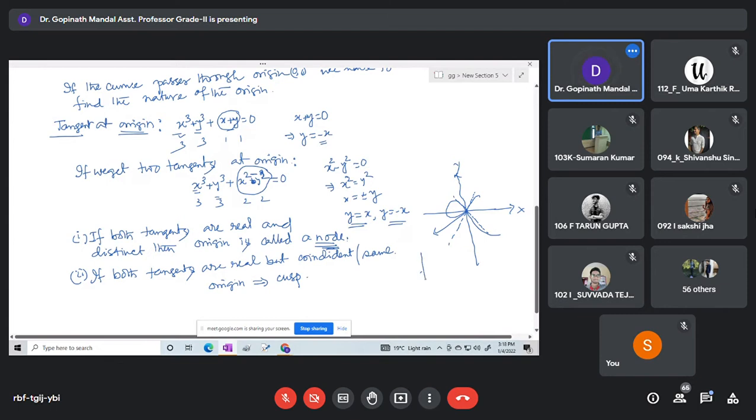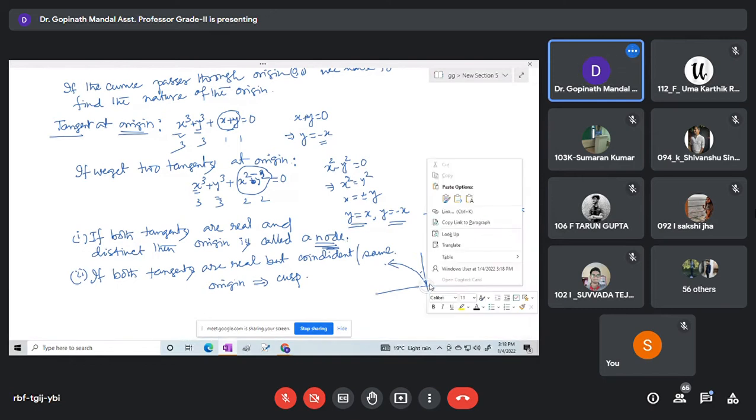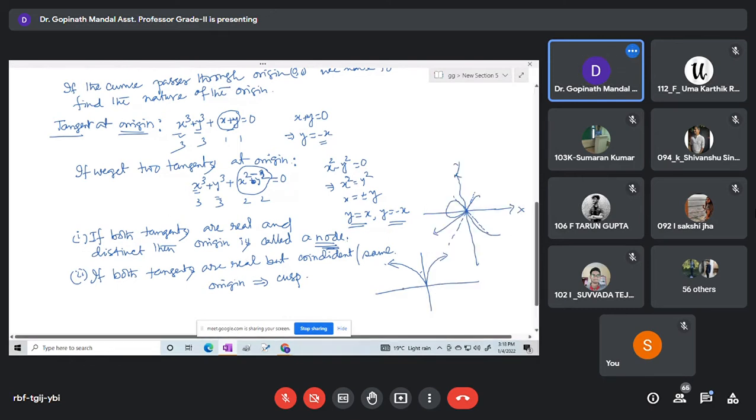Suppose this is the curve and at the origin we get a tangent. For this part the tangent will be here, and for this part the same tangent, they are the same, then the origin is called a cusp.